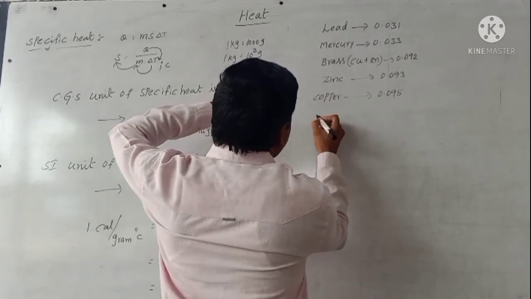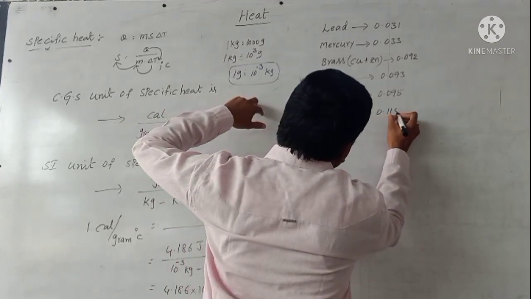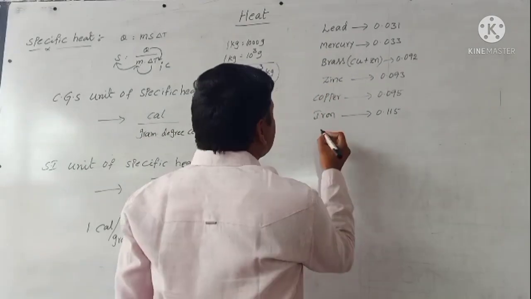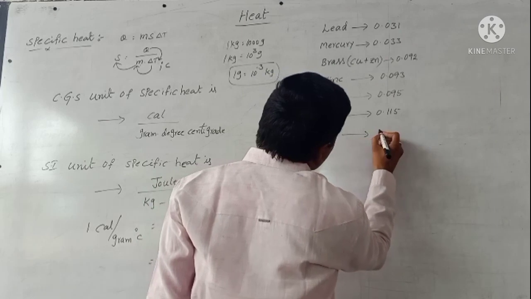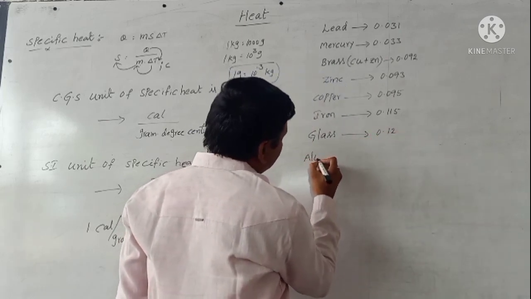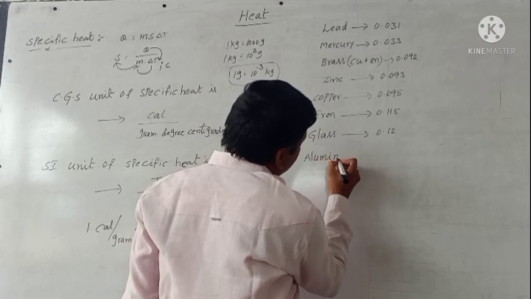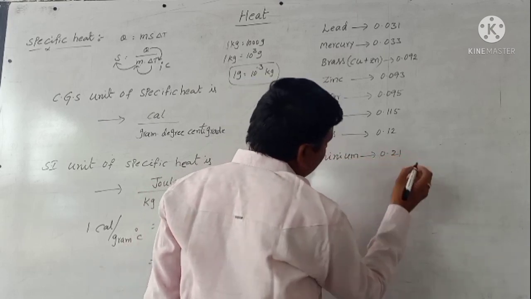Next, iron is 0.115. After that, glass is 0.12, aluminium is 0.21.